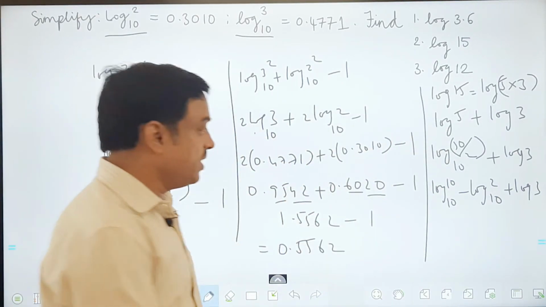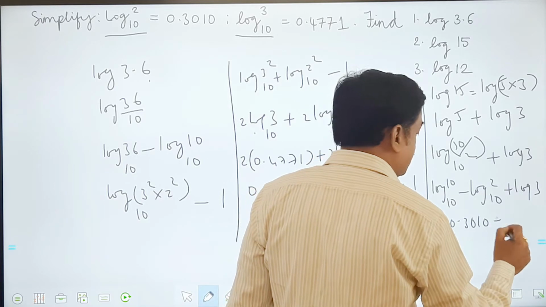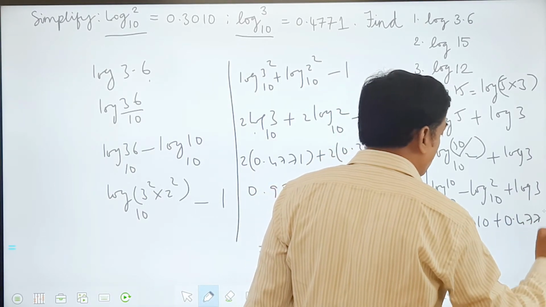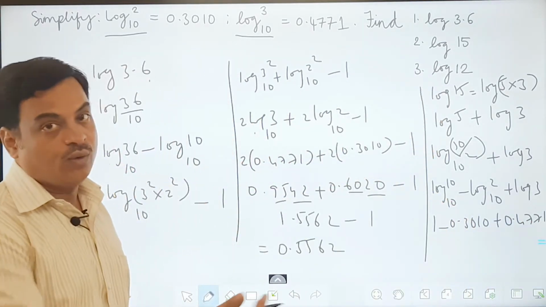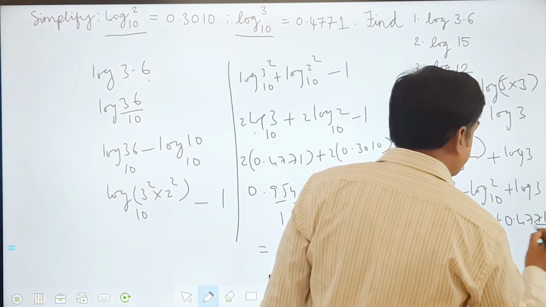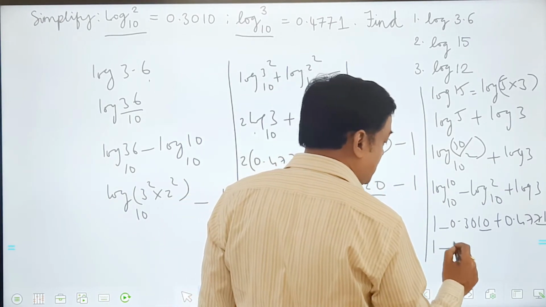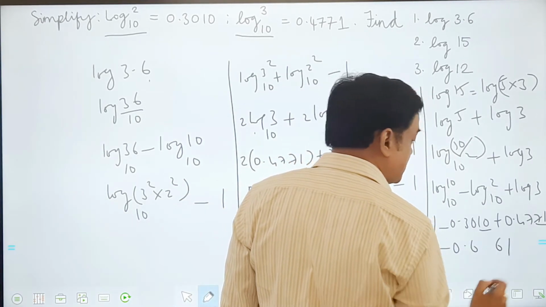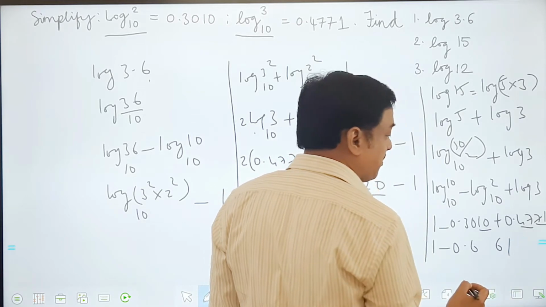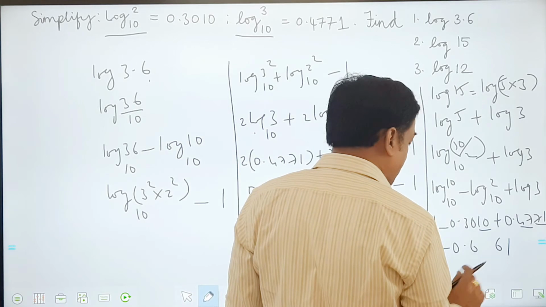And you know the values here. This is 1 minus 0.3010 plus 0.4771 is what I get. And then you know how to get the value of it. Fine. So final answer here would be 71 minus 10 will be 61, and 1 minus 0.661 in the last, and then 47 if I add, and from 47 if I subtract 30, it is 17 is what I get.